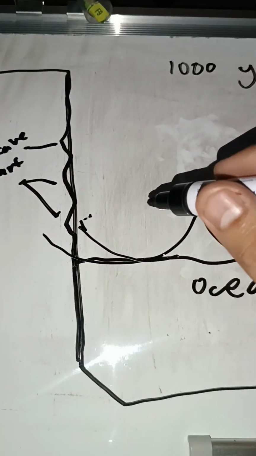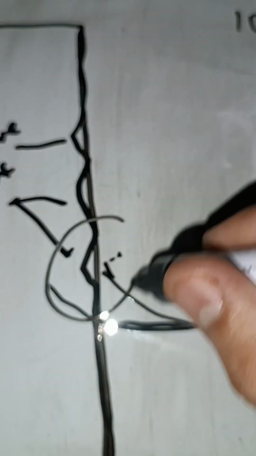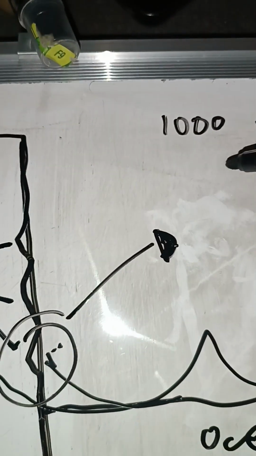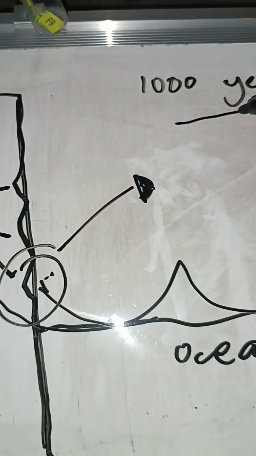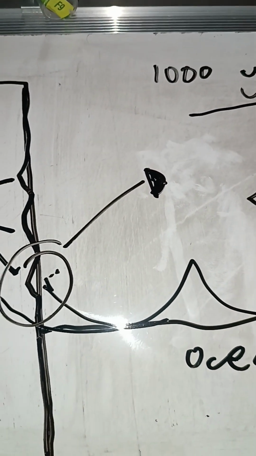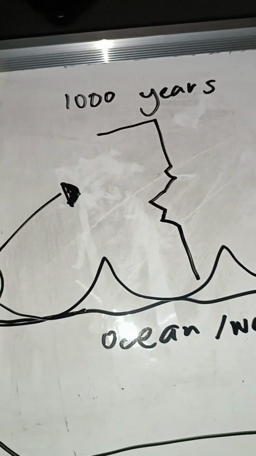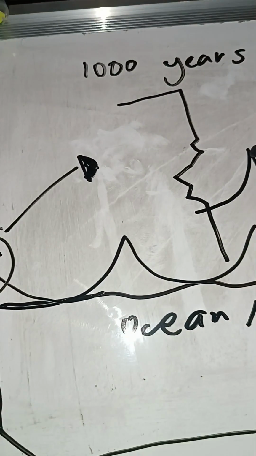So by magnifying this area here, we can see the actions that are happening when the wave hits the cliff.